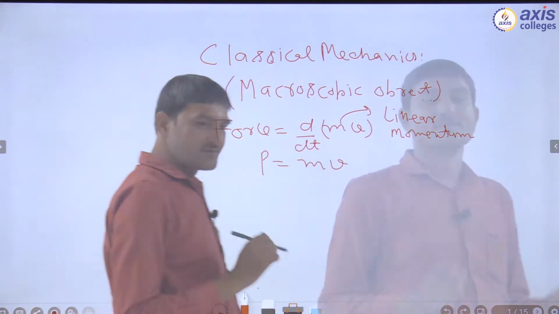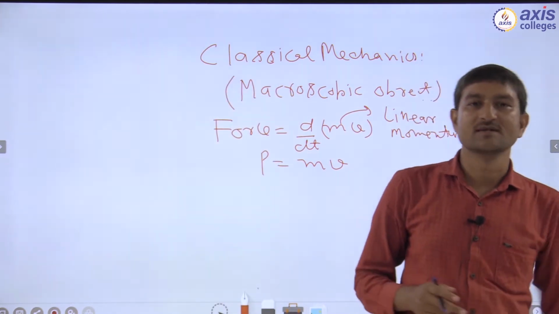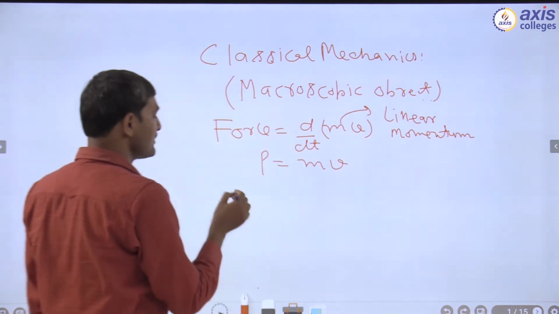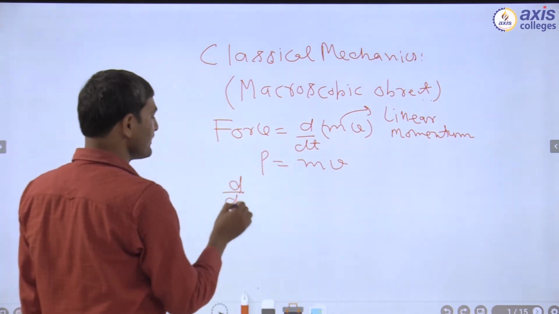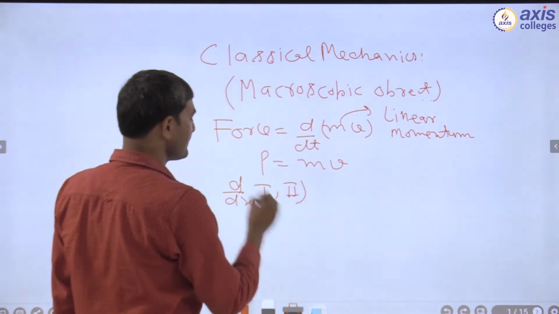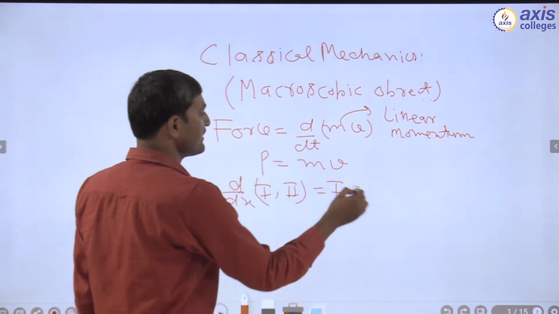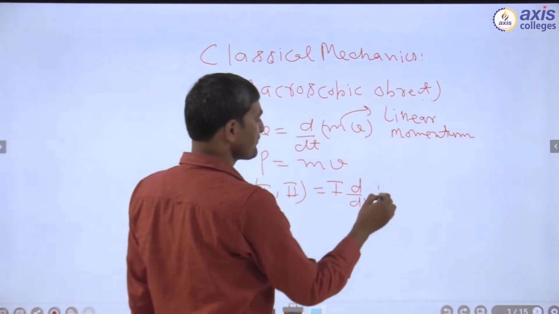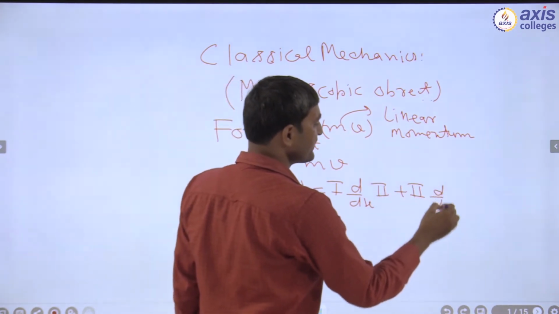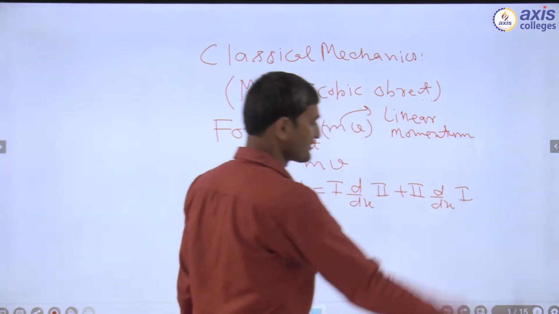Now we have two terms, mass and velocity. If we differentiate this with respect to time, I am using the formula for differentiation of two functions: first function times differentiation of second function, plus second function times differentiation of first function.